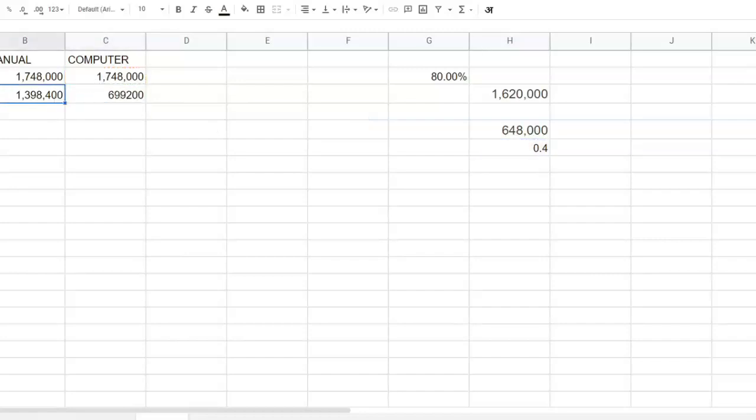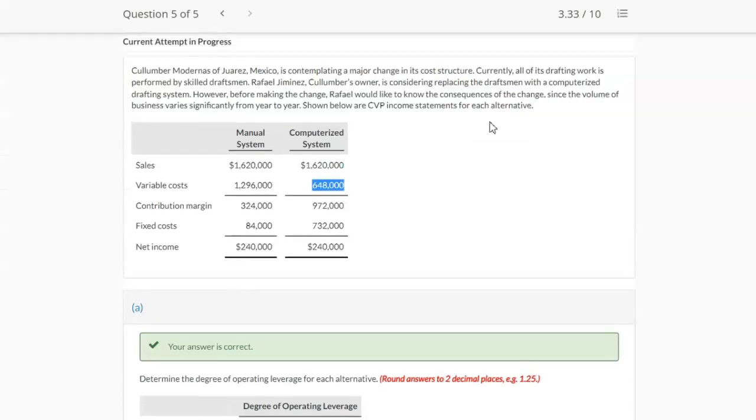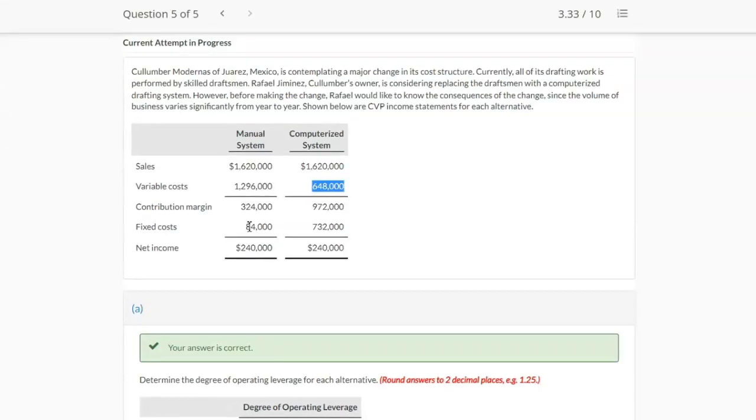Okay, now get your contribution margin. Okay. All right, now go get your fixed costs. FC, yeah. Fixed cost 84 and 732.